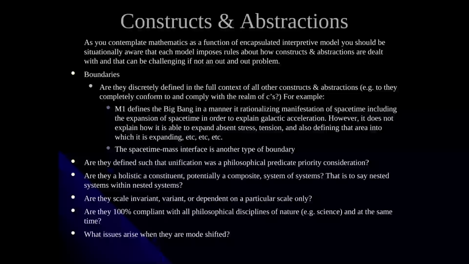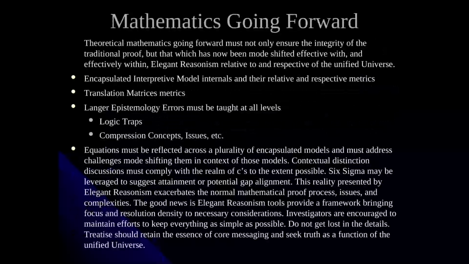Going forward, theoretical mathematics must not only ensure the integrity of the traditional proof, which would be inside a given encapsulated model, but it now has to be mode shifted with any other model that exists. And I remind you that at least one of the models that's employed must close to unification.